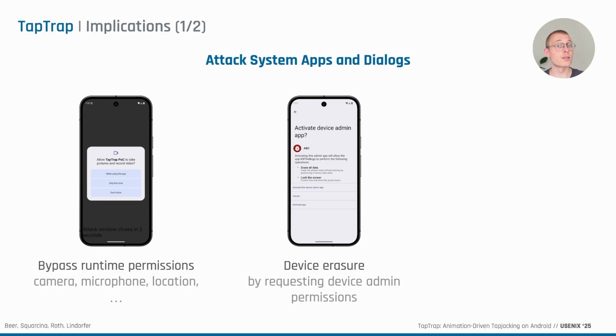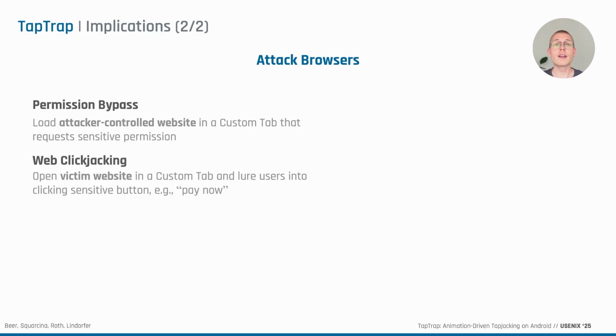And then there are also some other implications on system apps and dialogues, and you can find more information on this in the paper. We can also attack the browser. So we've already heard that we can perform web permission bypass attacks, but we can also perform web clickjacking attacks.